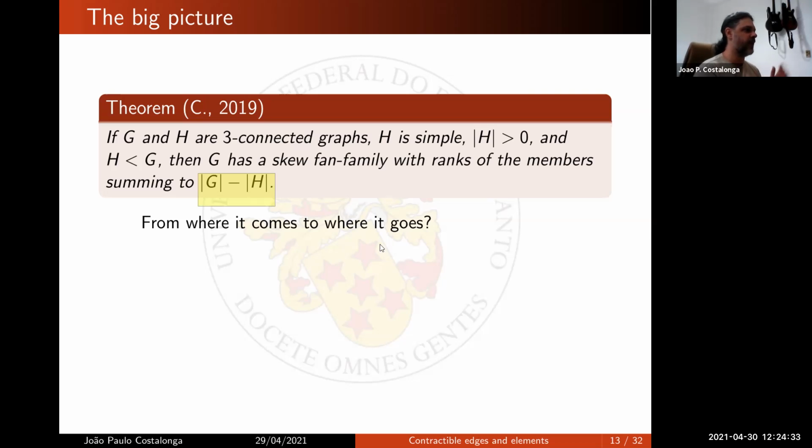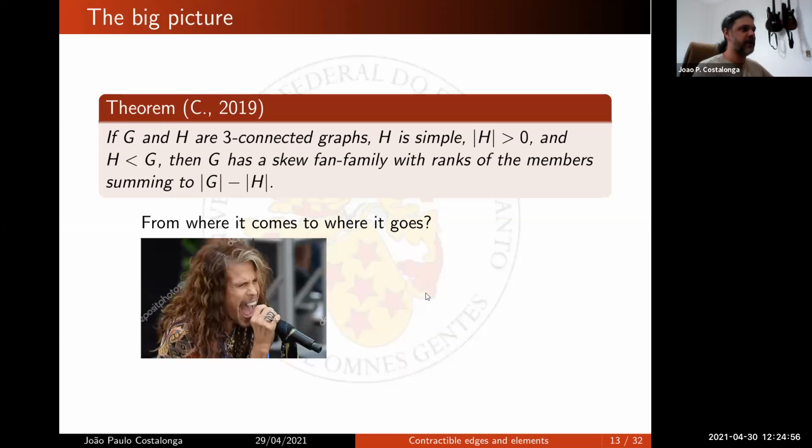You just add triangle-free, that adds a corollary to this. And there is the other result that says that we can pick the edges in the order of a half of this difference. I'll talk about it next. And this is the question of where it comes from and where it goes. First, we'll say where it goes.